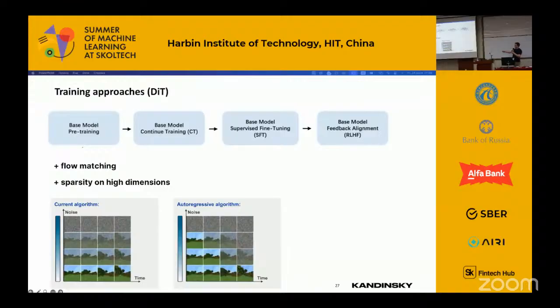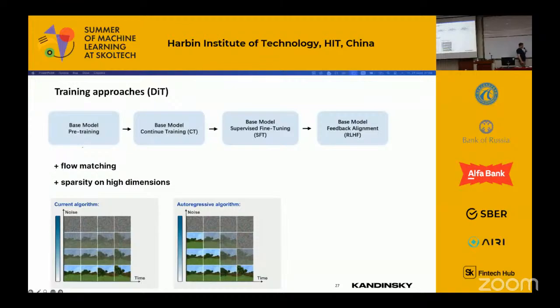This process is iterative too. So you start from, for example, 256 by 256 videos. After that, you come to 512 by 512. After that, I don't know, 1K.